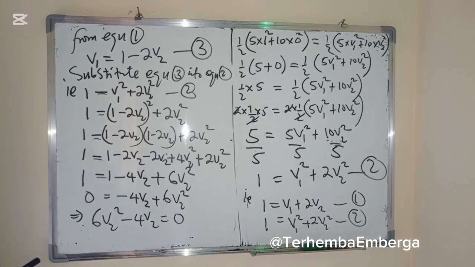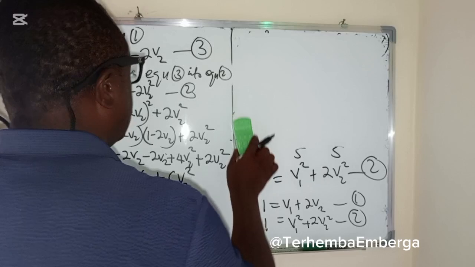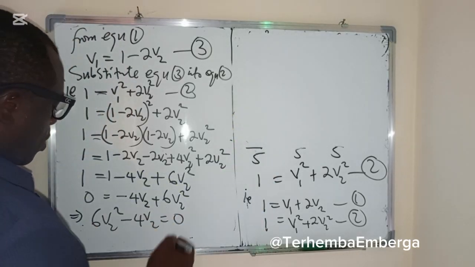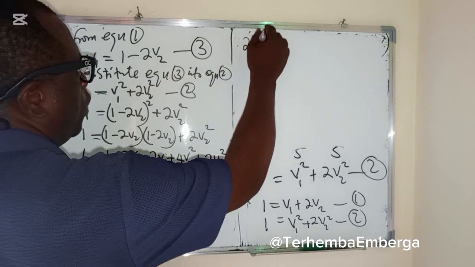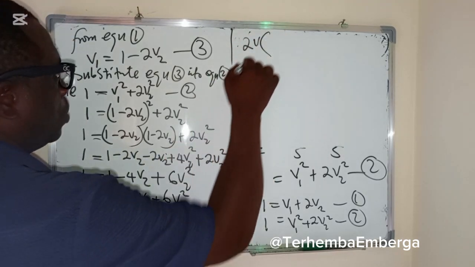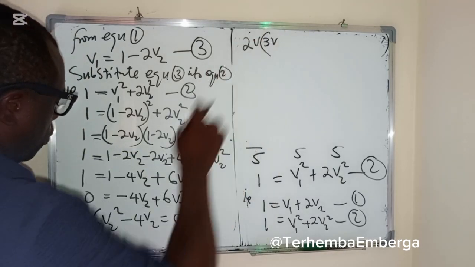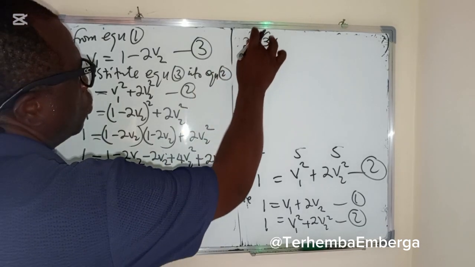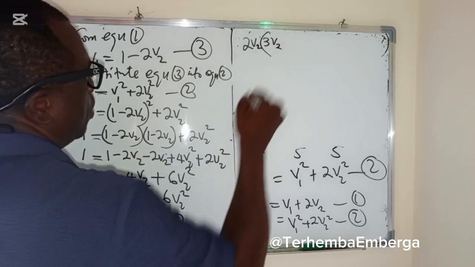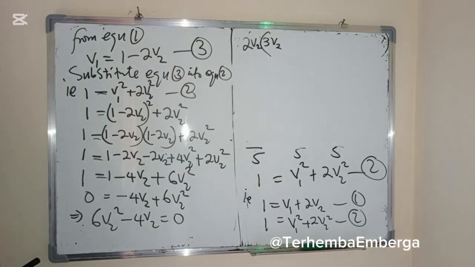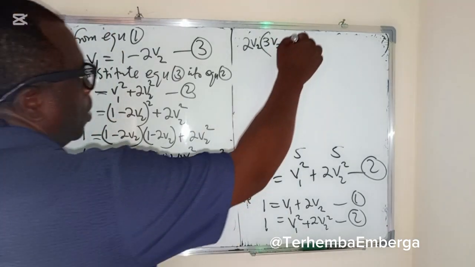So we can factorize this. What is common? 2v2. 2v2 times 3v2 will give us 6v2 squared, minus 2v2 times 2 gives minus 4v2, equal to 0.